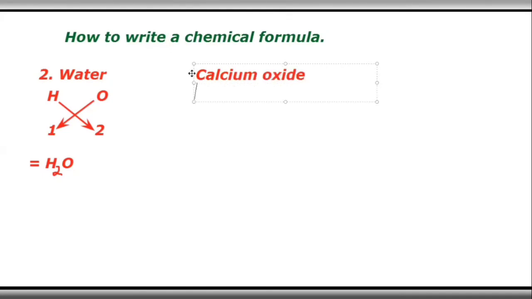Next, calcium oxide. For this, we know the symbol for calcium is Ca, and oxide means oxygen, whose symbol is O. We know their valencies also. For calcium it is 2, and for oxygen also it is 2. Now let us do this crisscrossing.